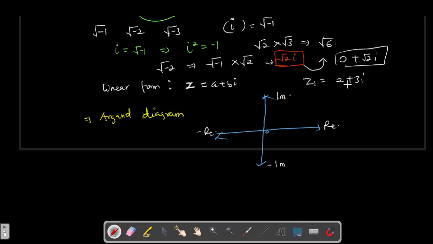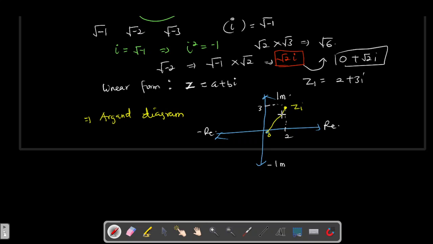What does that mean? On the real part, I have my 2. On the imaginary part, I have 3, right? So this will meet. And as we do it in the normal Cartesian plane, we connect this to the origin O, and this is our z1. So our complex number is OZ1, okay?